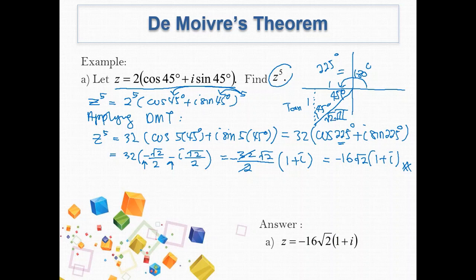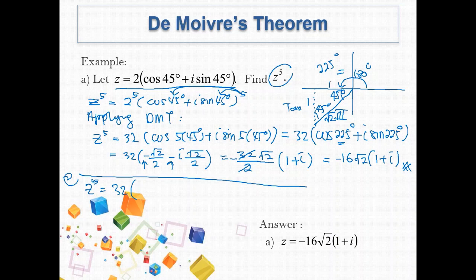Now we apply the second method. To the power of 5, 32 will remain 32. Now cos 225 here is 45, right? Cos is adjacent over the hypotenuse. Adjacent is 1, hypotenuse is square root of 2.